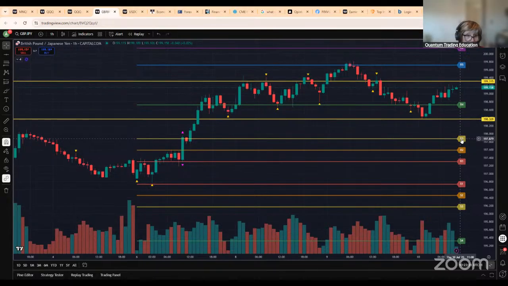The most important levels in this indicator in terms of potential reversal and pauses are the 3 and the 4. And the key thing about the Camarilla on the hourly chart is that these levels are calculated on a weekly basis. So they stay on the chart for the whole week.